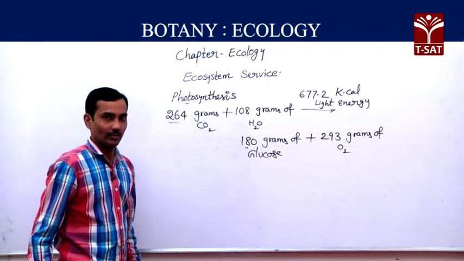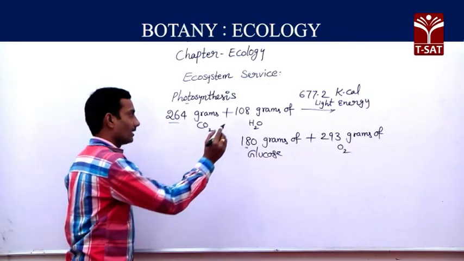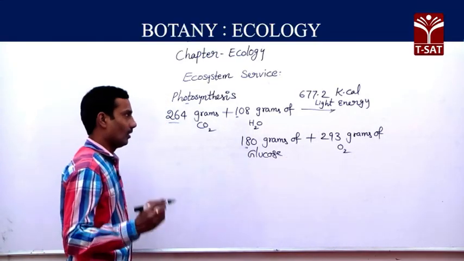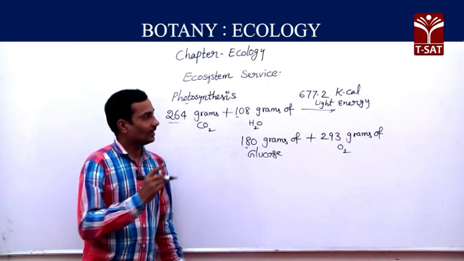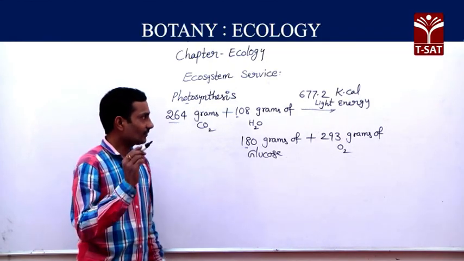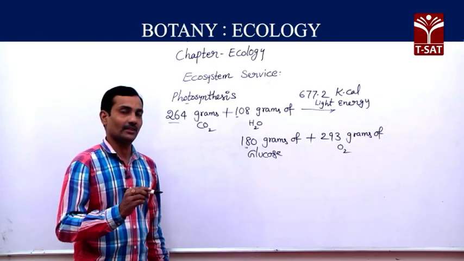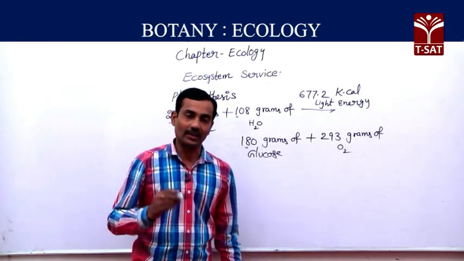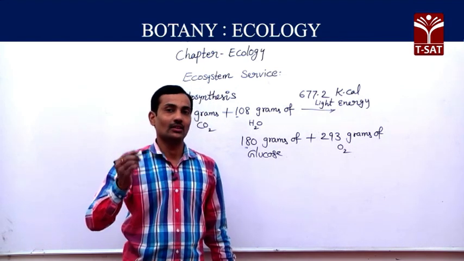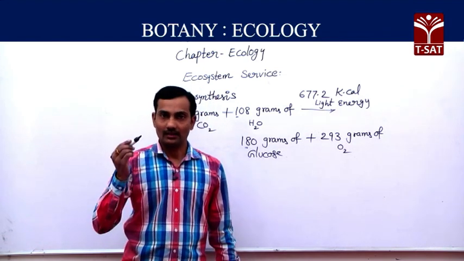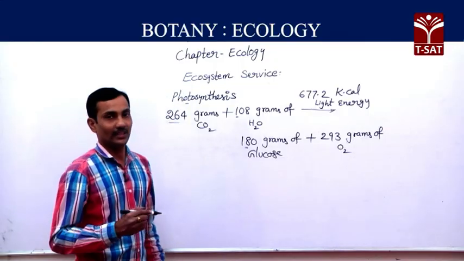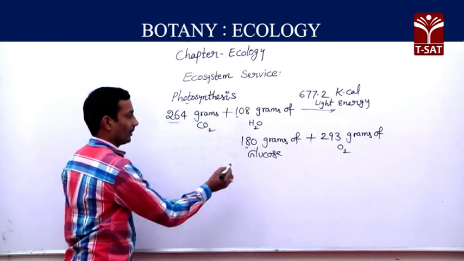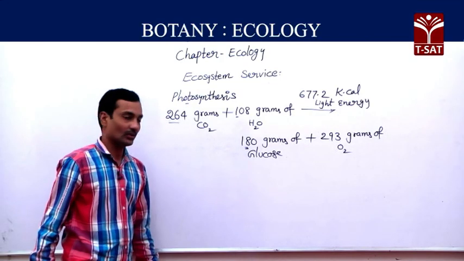264 grams of carbon dioxide and 108 grams of water, in the presence of light energy, that is 677.2 kilocalories. Kilocalories of light energy means solar energy. Using that solar energy, they prepare 180 grams of glucose.